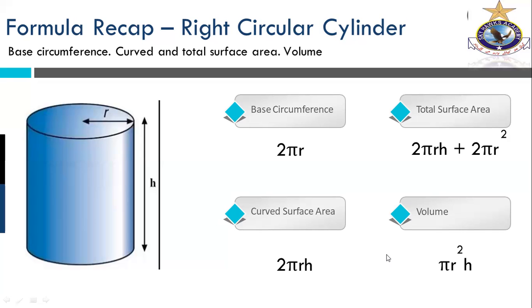They may ask about the radius, the height, the base circumference, curved area, and total surface area. And this time they are asking about the volume. That's why all the formulas are written, and we can calculate anything else by using these formulas. So it's a complete topic about the circular cylinder.